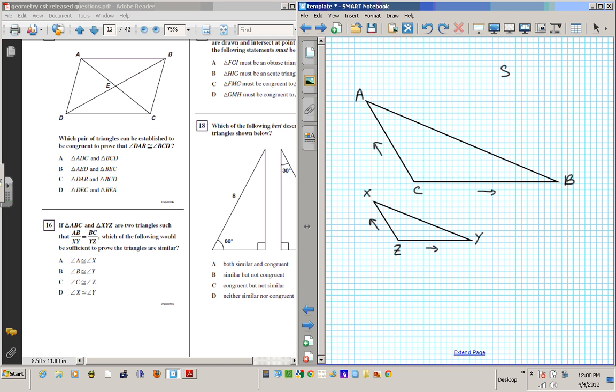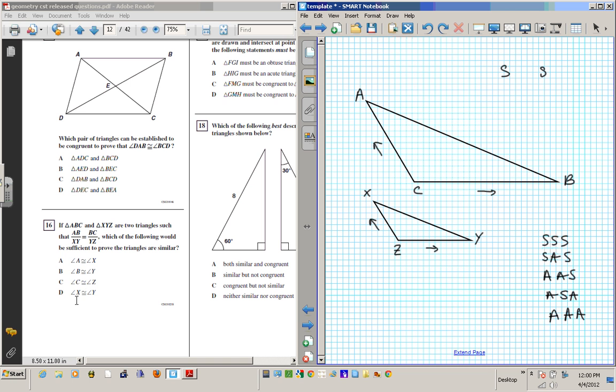That's another S. Now, in order for these two to be similar, we have the rules, right? It's either SSS, SAS, AAS, ASA, or AA, okay? In this case, we already have SS.